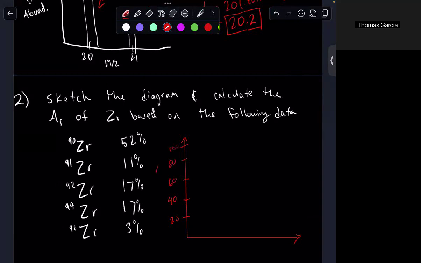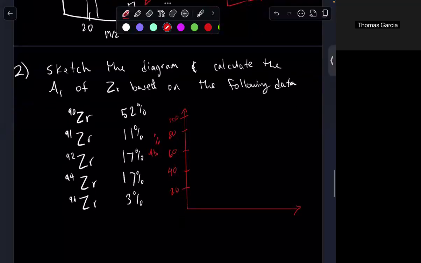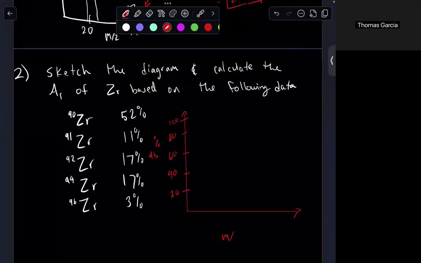A couple things of note is you must have percent abundance on the y-axis, and you must have mass to charge ratio on our x-axis. You can kind of start that wherever though. So 90, 91, 92, 93, 94, 95, and 96.